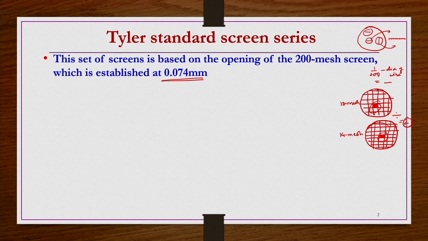That is the reason after 10 mesh you will not have 11 mesh or 13 mesh, you will have the 14 mesh. So, a standard series can be designed. This is how these screens are designed, right. So, this is the area ratio. If you take the dimension ratio, let us say dp1 for 10 mesh is the screen aperture opening, and for 14 mesh the screen aperture opening is dp2.